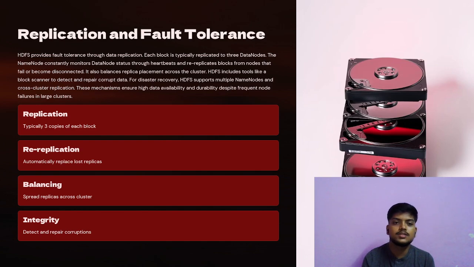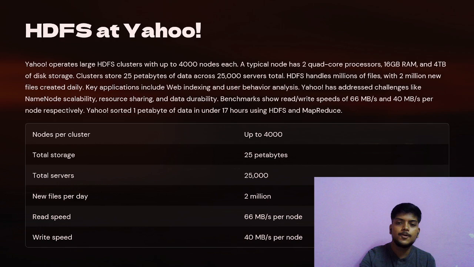For disaster recovery, HDFS supports multiple NameNodes and cross-cluster replication. These mechanisms ensure high data availability and durability despite frequent node failures in large clusters. Replication: typically three copies of each block. Re-replication automatically replaces lost replicas. Balancing spreads replicas across the cluster. Integrity: detect and repair corruption.